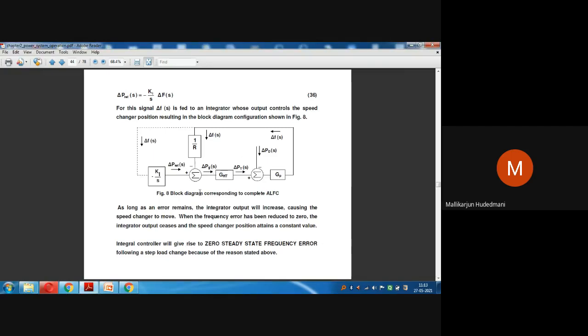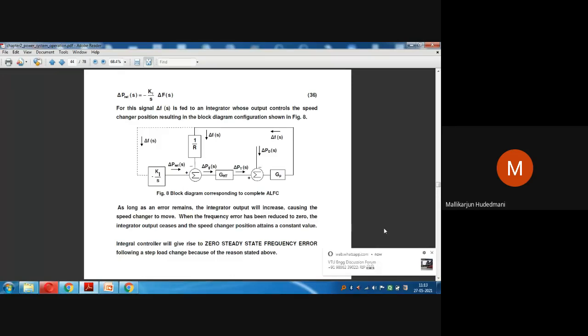We got to know that whenever the primary loop does not fulfill the requirement, the need for the secondary loop came into the picture, and the integral controller bridged that gap. The integral controller automatically shifts the reference point changer, the speed changer, so that the governor can manage the requirement. This way it became the complete ALFC loop of our requirement.